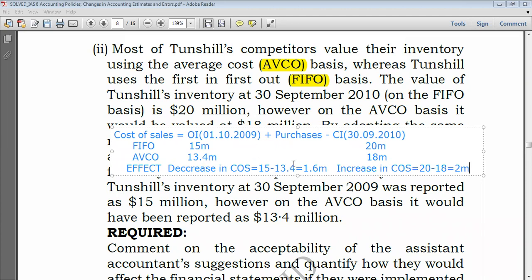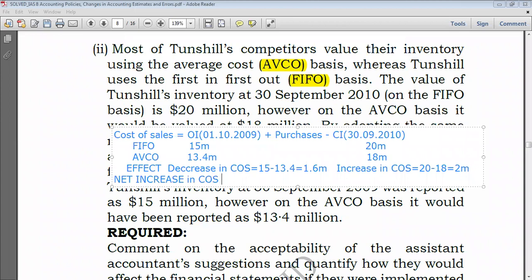Now just take a look. Cost of sales would have decreased by 1.6 million, but also it would have increased by 2 million. So what would have been the net? The net would have been increased by 2 million, but decreased by 1.6. There would have been a net increase, right? So we say that net increase in cost of sales would have been 2 million minus 1.6 million, that remains with 0.4 million.